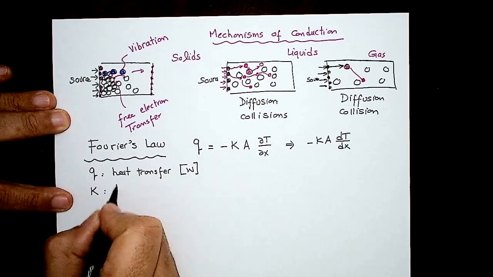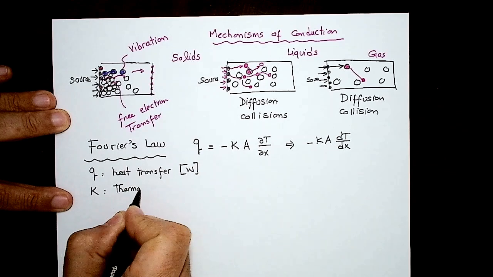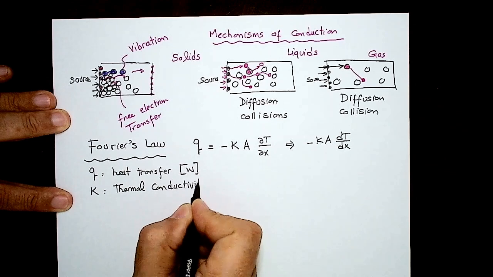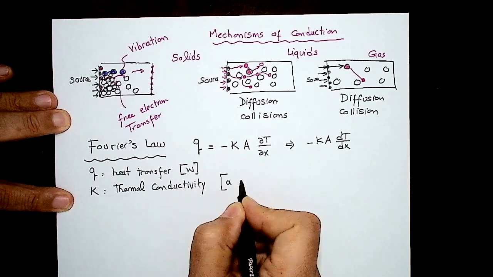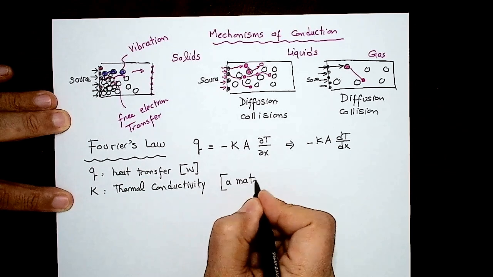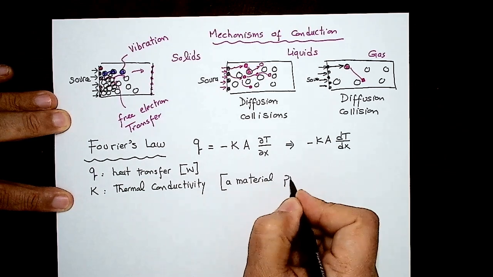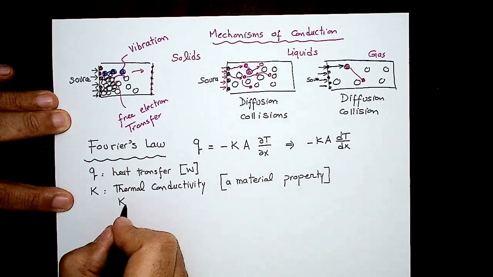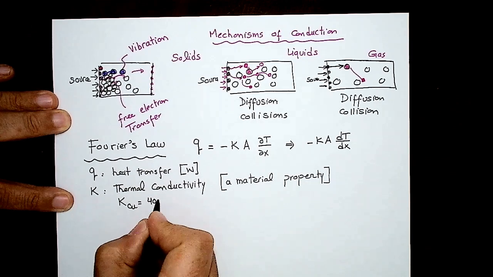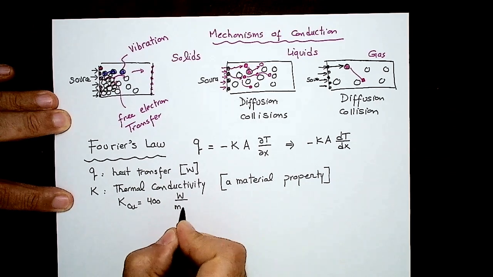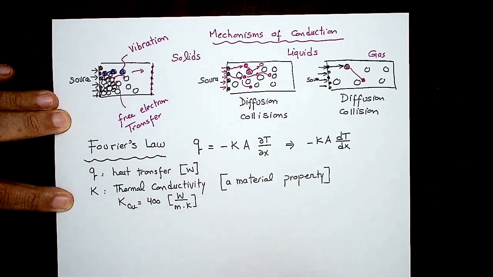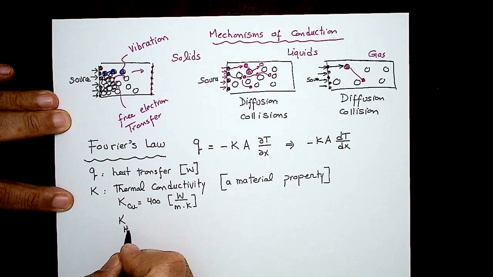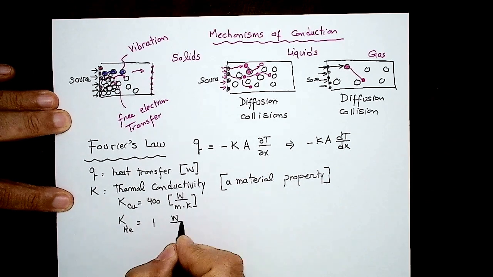K is known as the thermal conductivity, and this is a material property, which means that if I look, for example, K for copper is about 400 watt per meter Kelvin. If you look for water or look for gas, K for helium is about 1 watt per meter Kelvin.